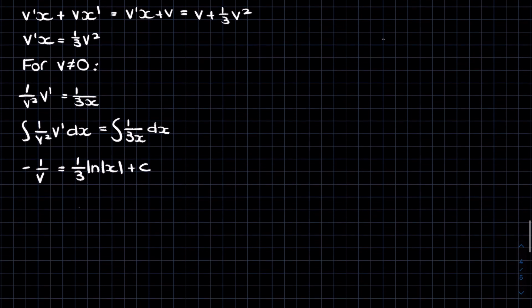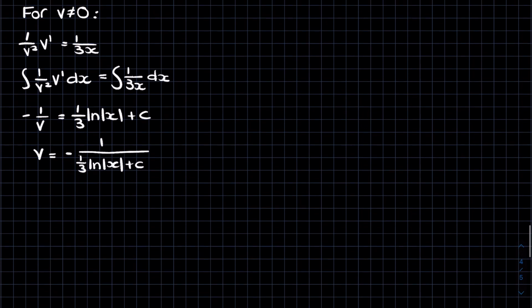And now if we solve for v, so we're going to take the inverse and we're going to multiply by -1 to both sides. That will give us v equals minus 1 over 1/3 natural logarithm of x plus c.